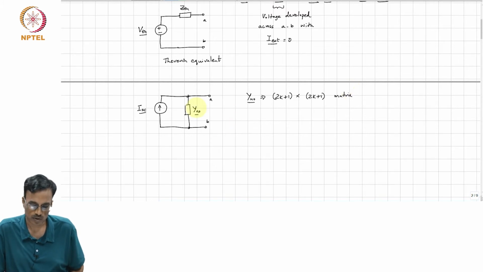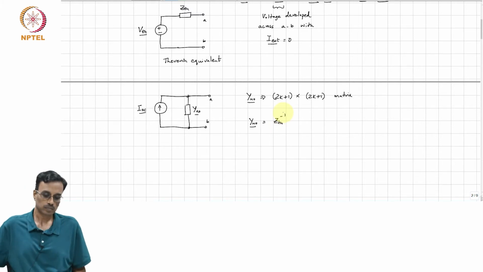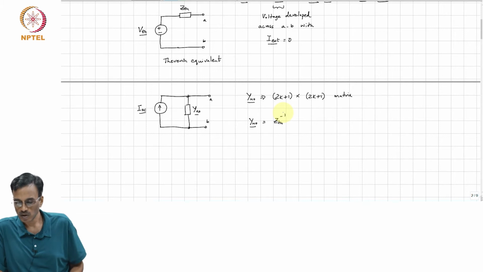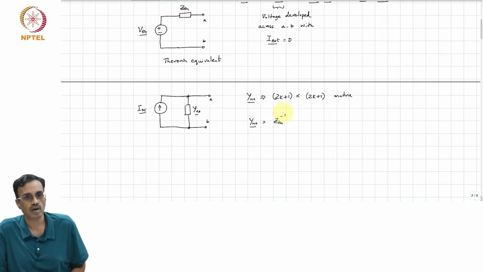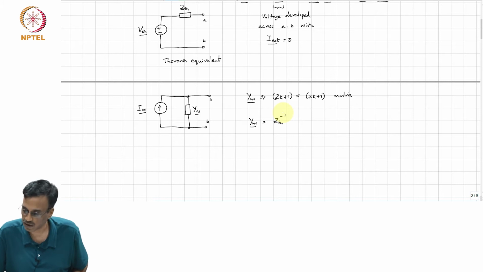Now, as we saw yesterday, YNO is simply the inverse of the Thevenin equivalent. Okay. And this is exactly analogous to the Thevenin resistance or the Thevenin impedance in a linear time invariant network being the reciprocal of the Norton impedance.